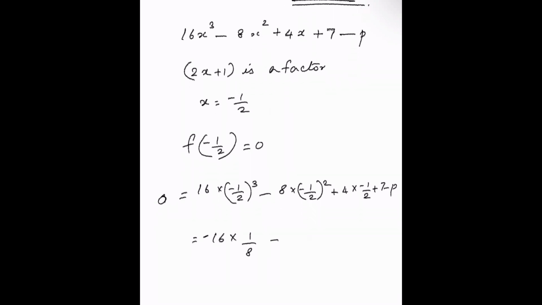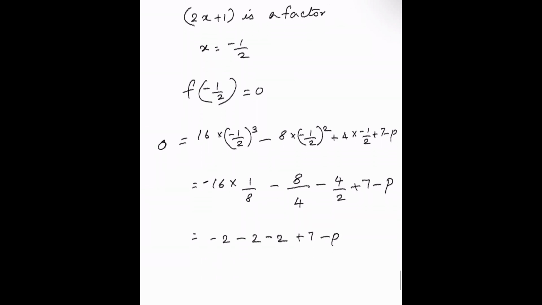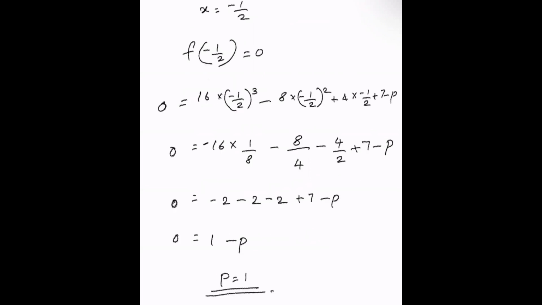I'll just finish it. 8 by 4 minus 4 by 2 plus 7 minus p. This gives me minus 2, minus 2, minus 2 plus 7 minus p. So I'm having minus 6 plus, okay, this is all 0. I got p as 1.